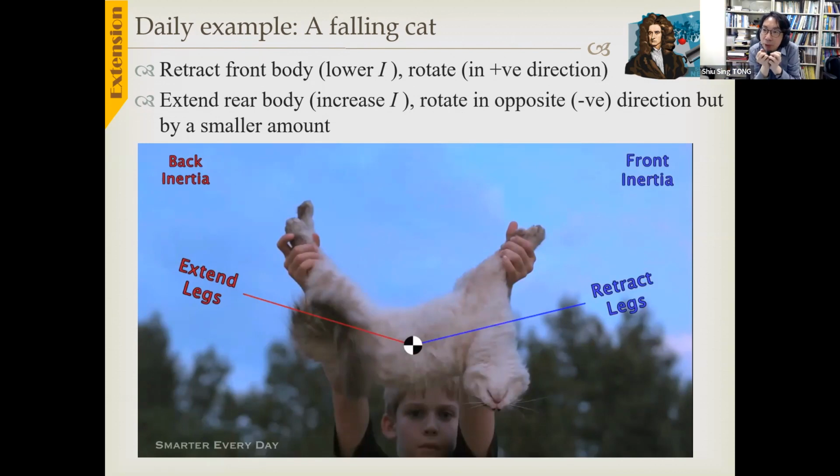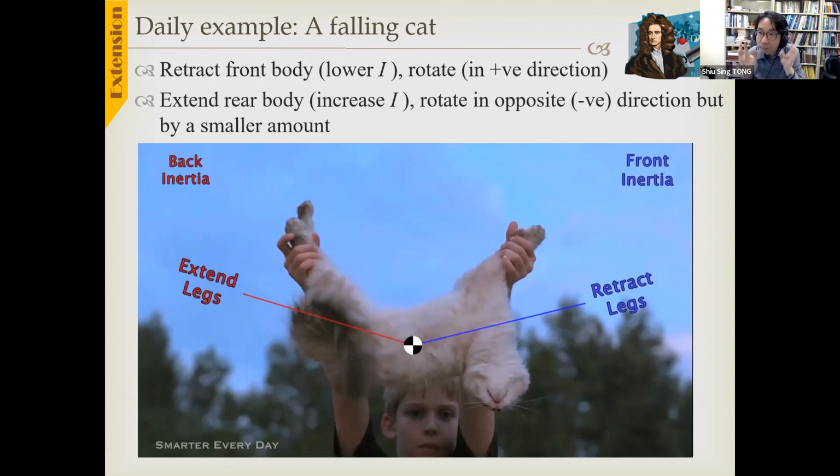I retract my front legs so that the front part of my body has lower moment of inertia. So when I rotate in a certain direction, by conservation of angular momentum, my rear body will rotate in the opposite direction. But I would deliberately want to decrease that rotation by extending my rear body. So I retract my forearm and I extend my leg.